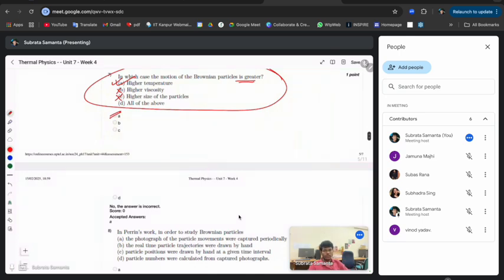If B and C are not true, then the last one is also not true. So the only correct option is A. Only one option is correct.